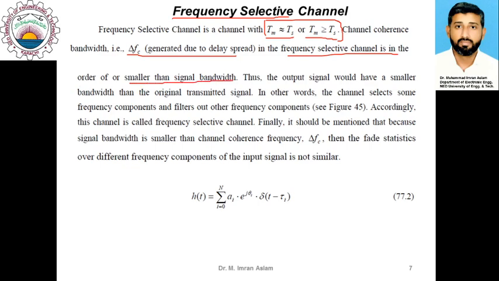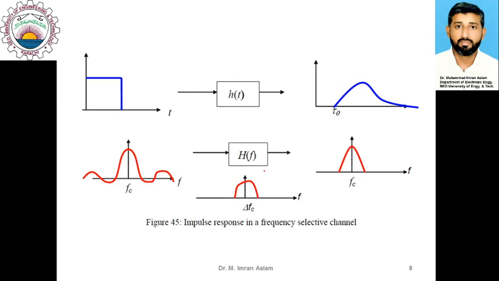That results in a frequency selective channel because of having a smaller bandwidth as compared to the signal bandwidth. Let me show you the diagram for that here. Say for example we have a frequency selective channel which is represented by this relatively smaller bandwidth. The filtering effect of the channel is restricted to some specific frequency band, which represents the frequency selective nature of the channel.